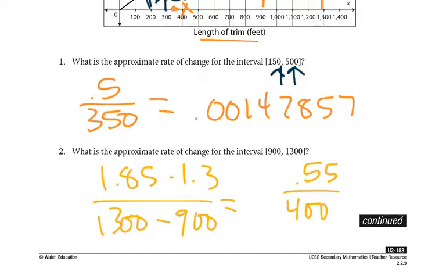So 0.55 divided by 400 would be about 0.001375, which is pretty close considering we estimated our numbers pretty close to the same, which in a linear equation is what we expect.